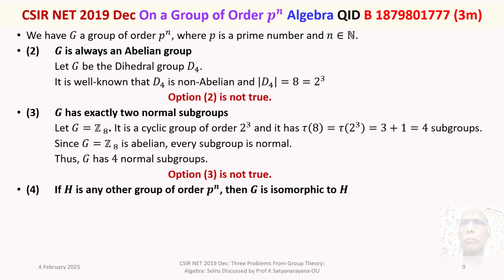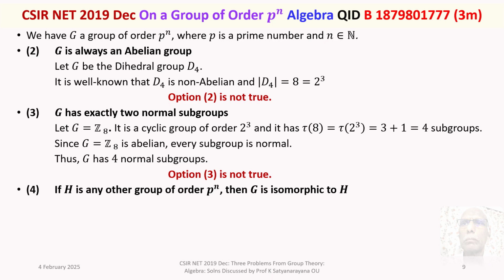If H is any other group of order p to the power of n, then G is isomorphic to H. So consider two groups of order p to the power of n and show that they are not isomorphic. The best example will be Z8, of order 8, and D4, of order 8.